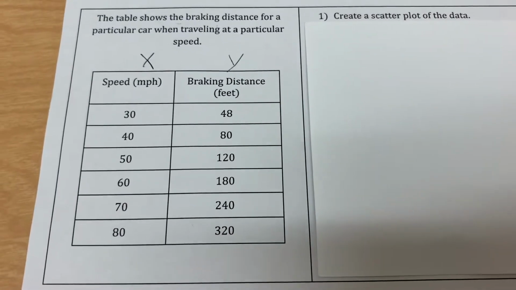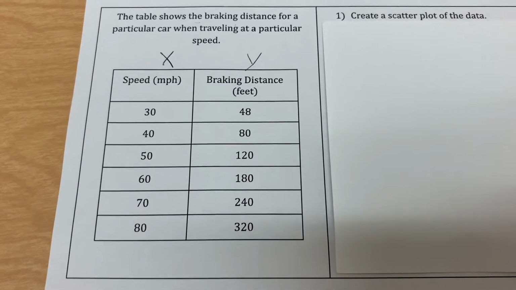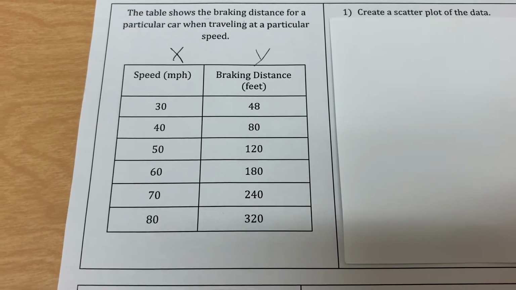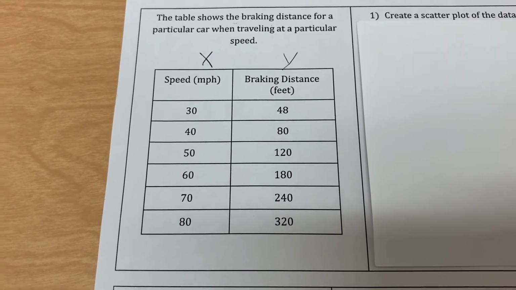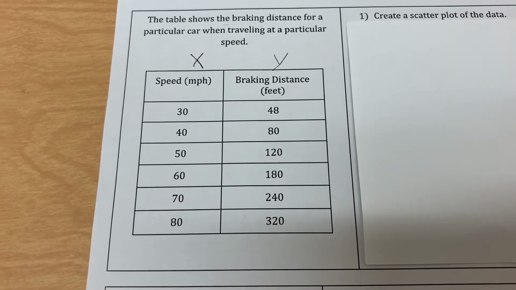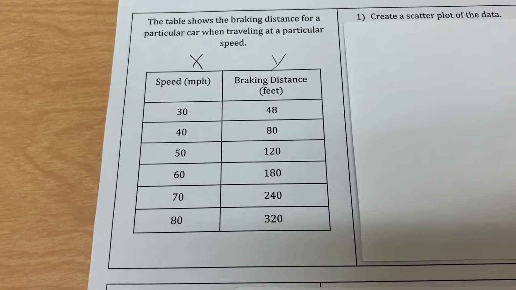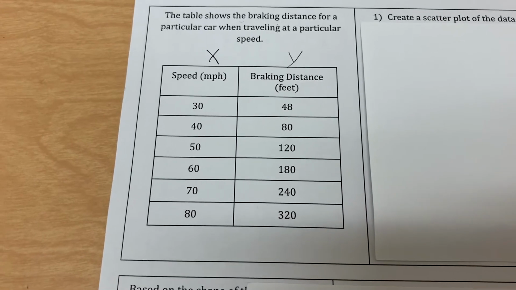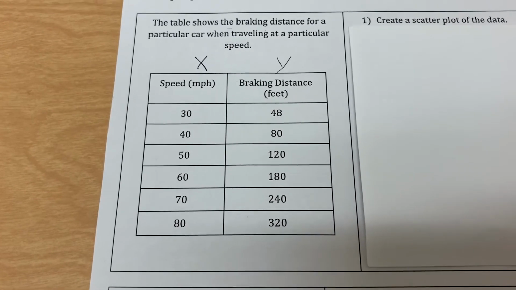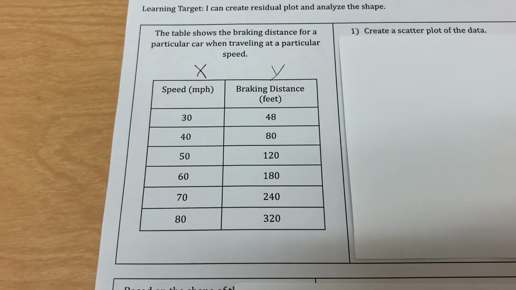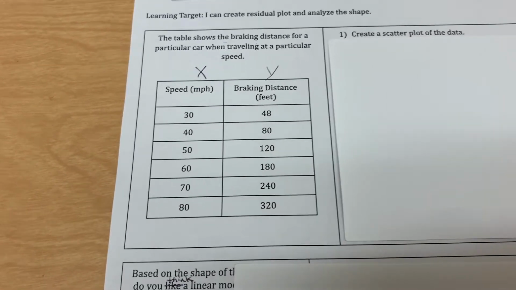It is the y's that change based on the speed. So when the car is going 30 miles per hour, it's going to take 48 feet to come to a complete stop. 40 and 80, 50 and 120, 60 and 180, 70 and 240, 80 and 320. Those are our points.